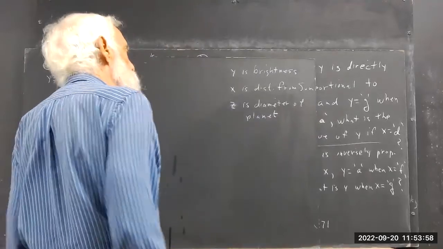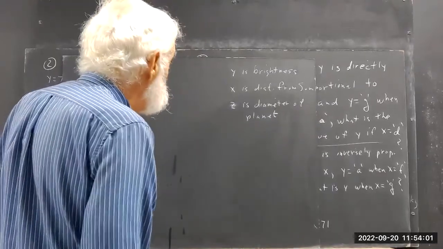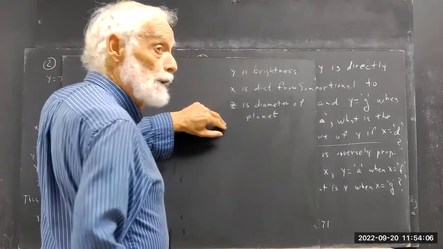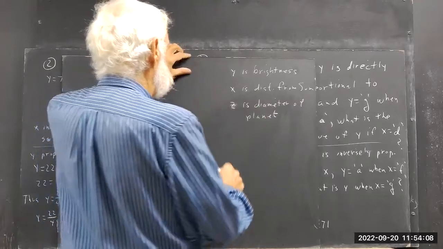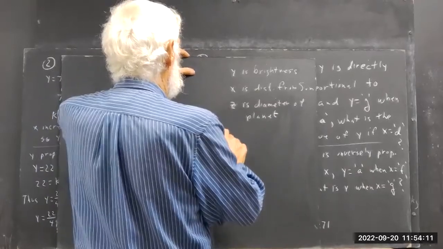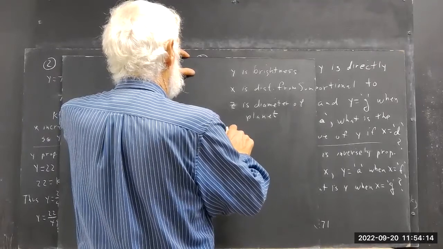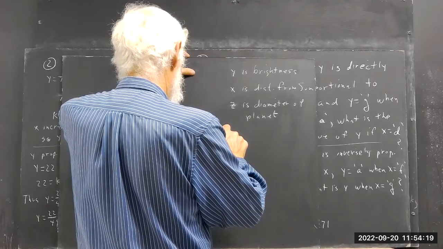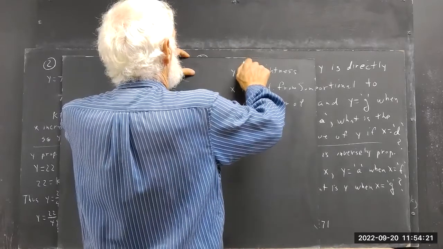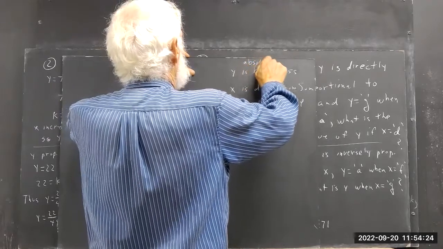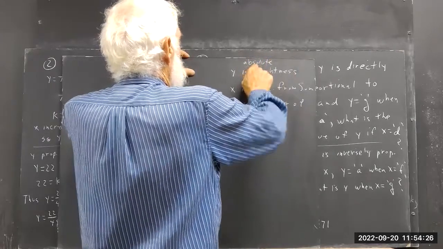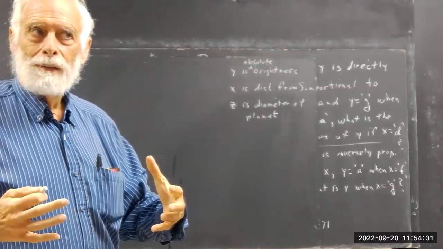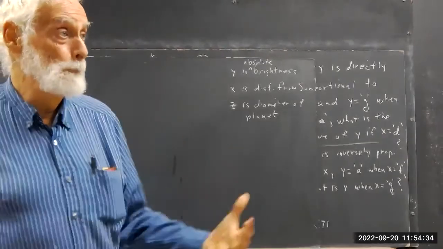Z is the diameter of the planet. Just with this much, I'm going to call this absolute brightness. And that's how much light is reflecting off of the planet.